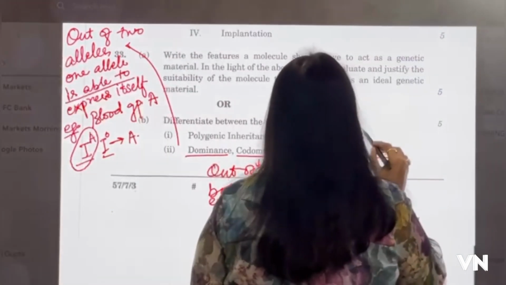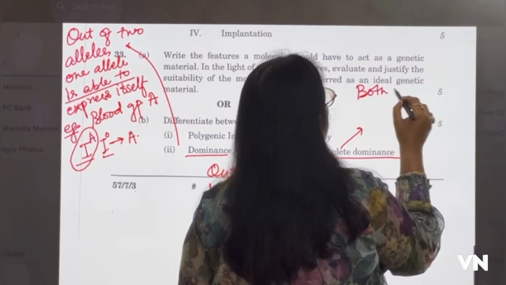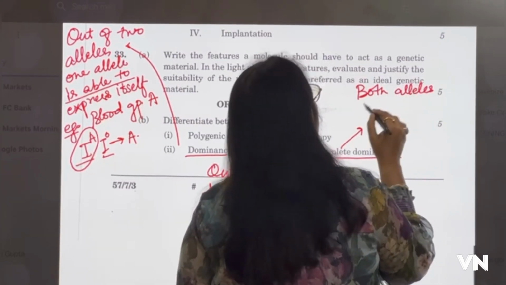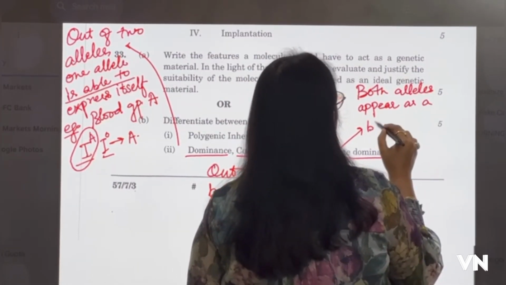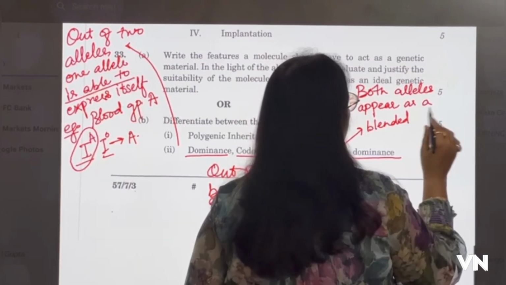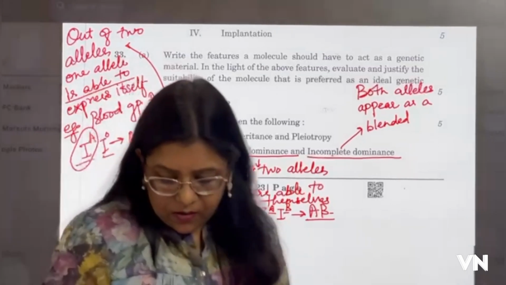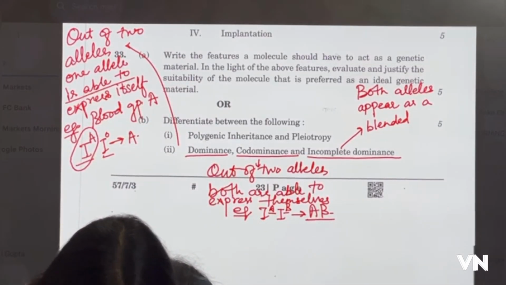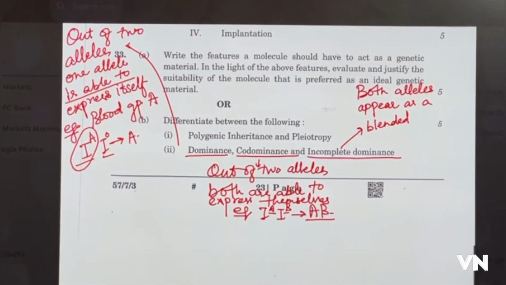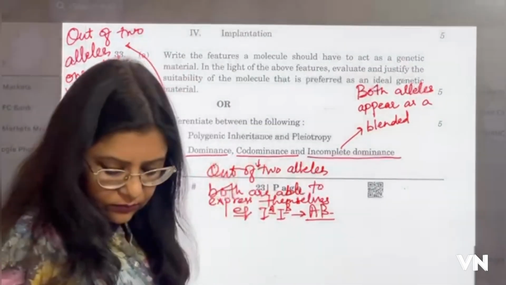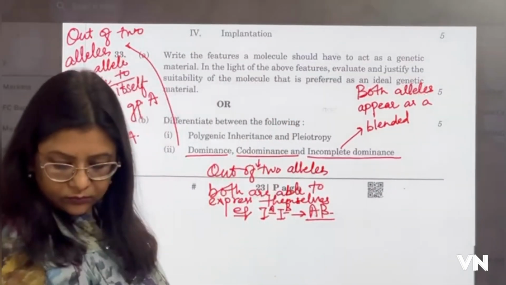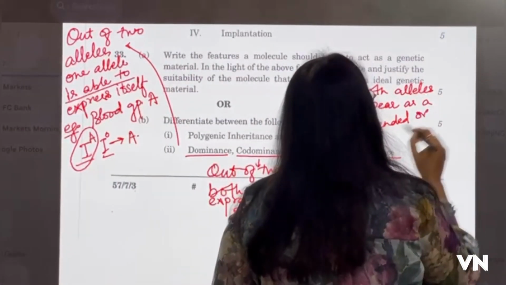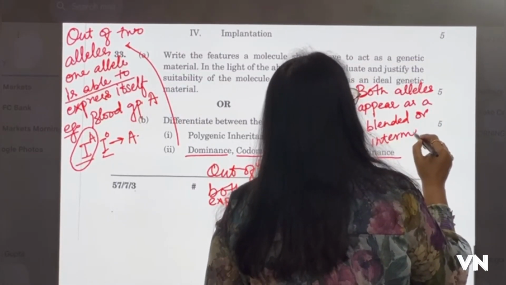Incomplete dominance, when both alleles appear as a blended or intermediate form.